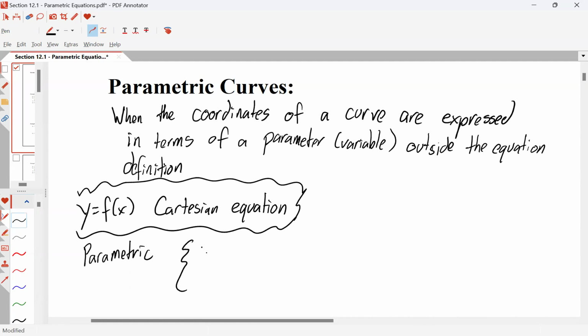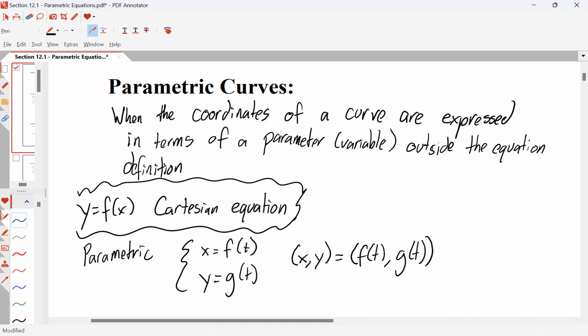So this would be x equals a function in terms of t, and y equals a function in terms of t. And we would plot the points x, y, which is also the points f of t, g of t.